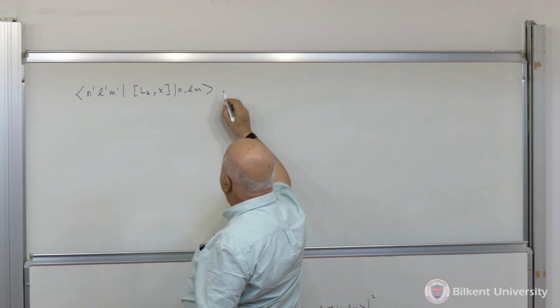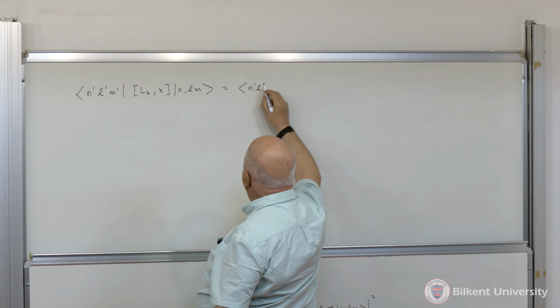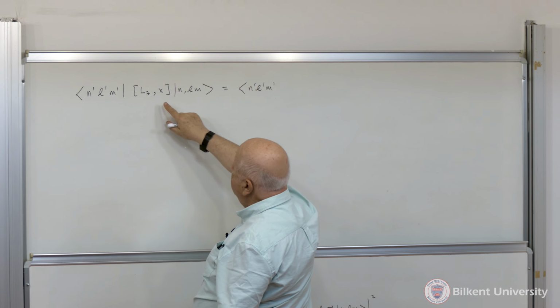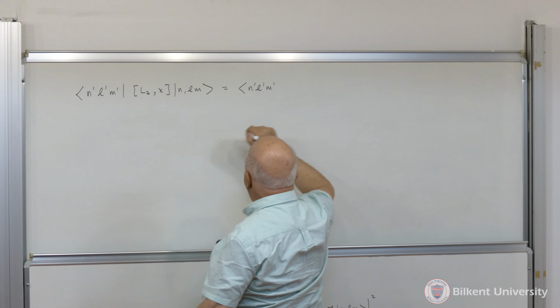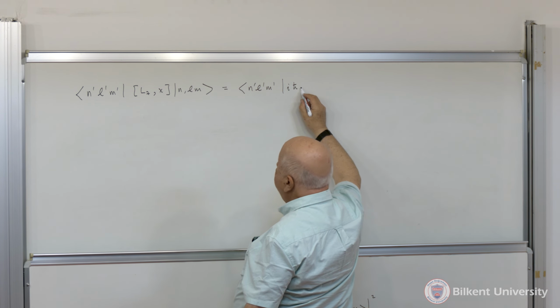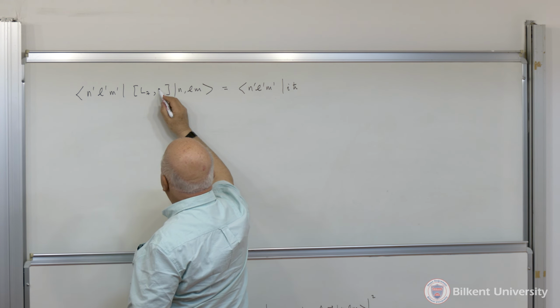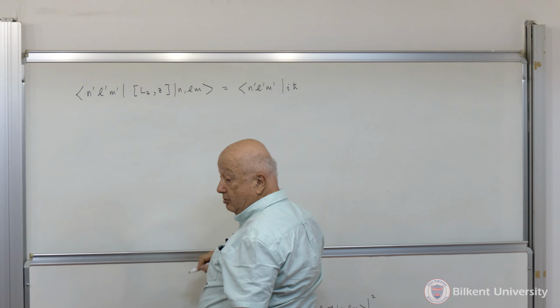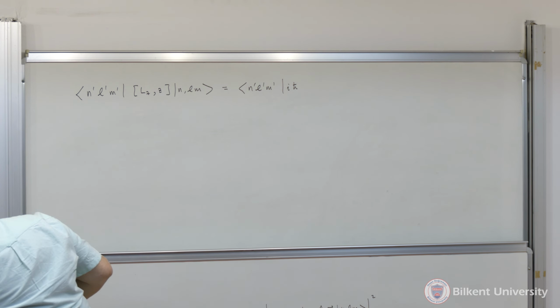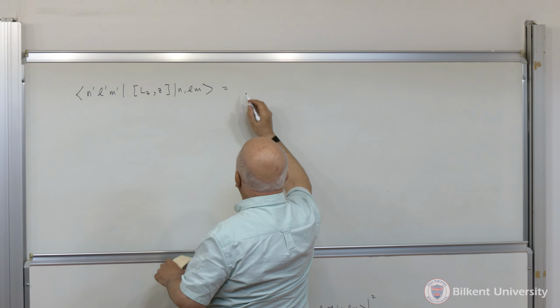Well, we just calculated what this is, so I can write this as n prime, l prime, m prime, Lz with x was i h bar y. Then it's stuck with z, that's easy, because it's just 0, right? So let's see what we get, and then we move on to the others.